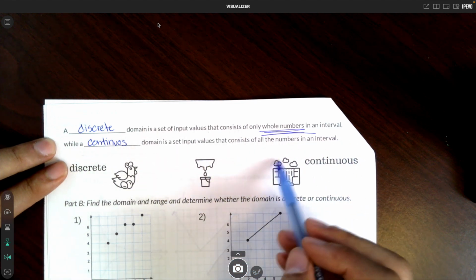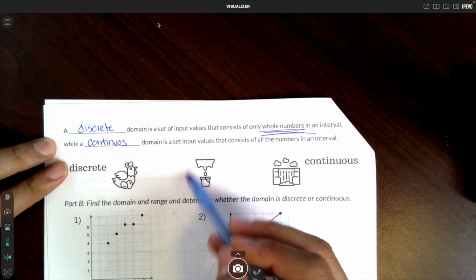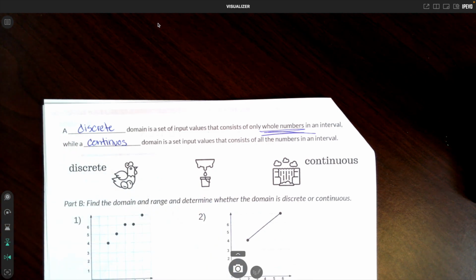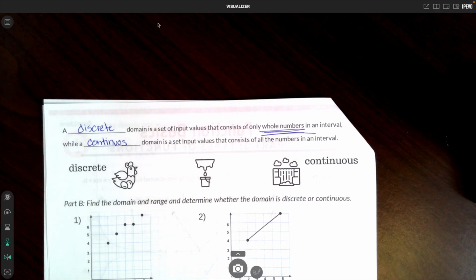So think of when you milk a cow, the bucket of milk slowly starts to increase. You can have half a gallon, you can have a quarter gallon, you can have a full gallon, you can have 2 gallons. It gives you the whole spectrum. While discrete is just one at a time.